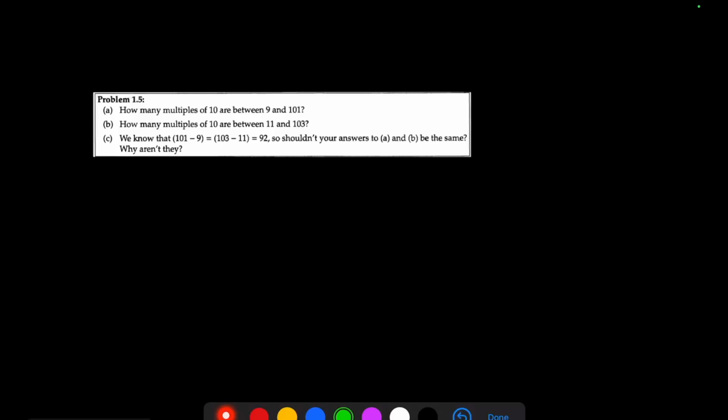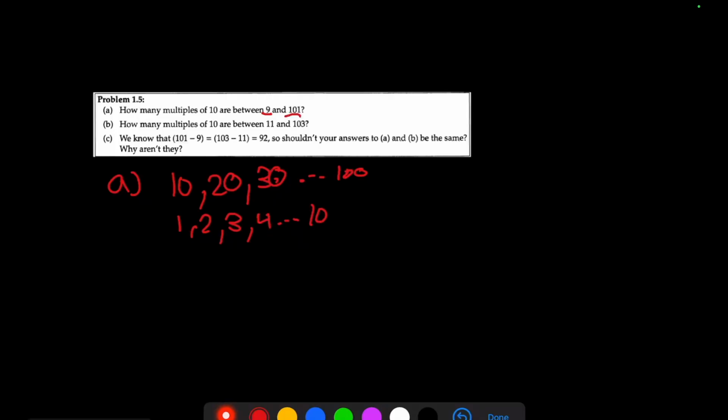So, how many multiples of 10 are between 9 and 101? The smallest multiple of 10 between 9 and 101 is 10. And if you check our largest, it's 100. So our list looks like, dividing it by 10, you got 10 numbers in this list.